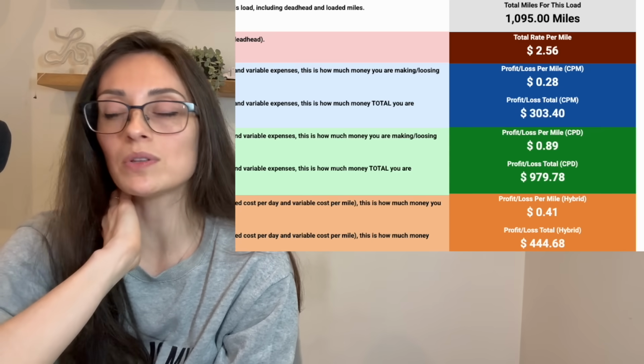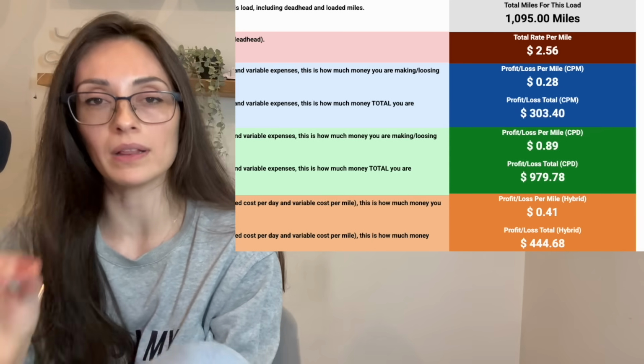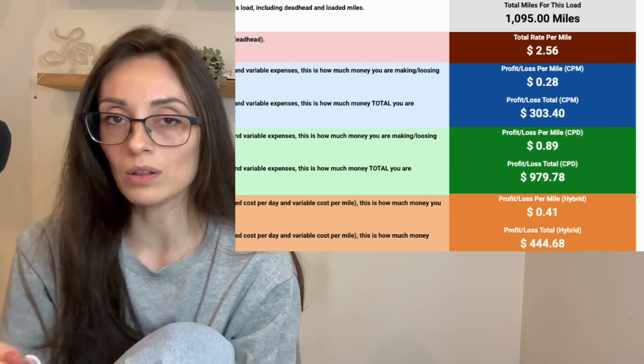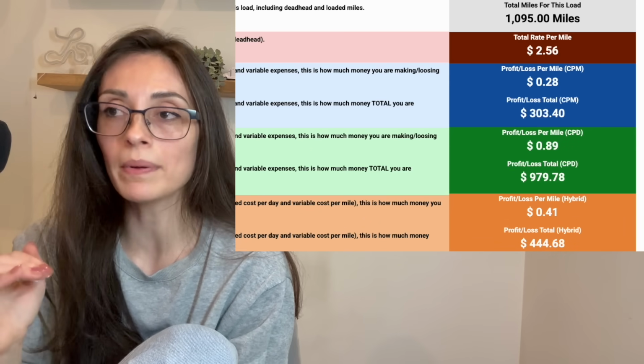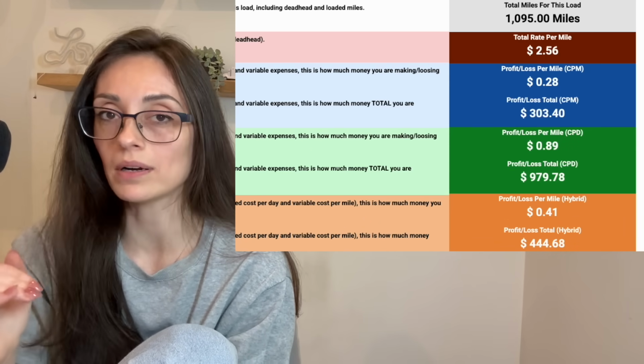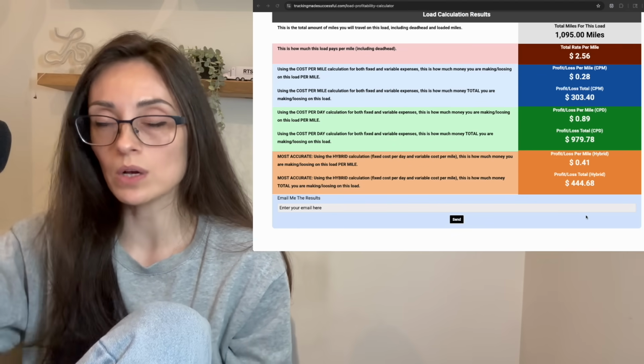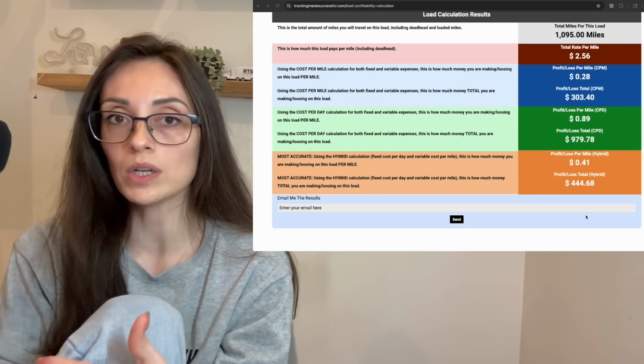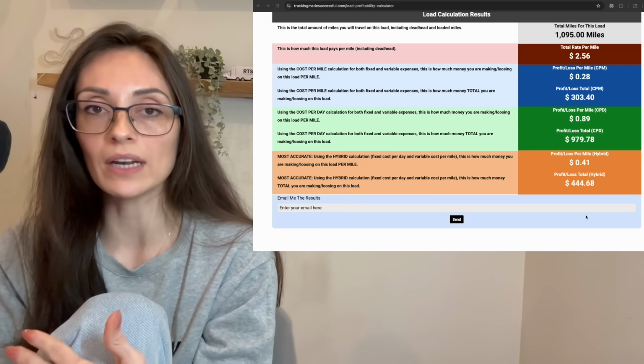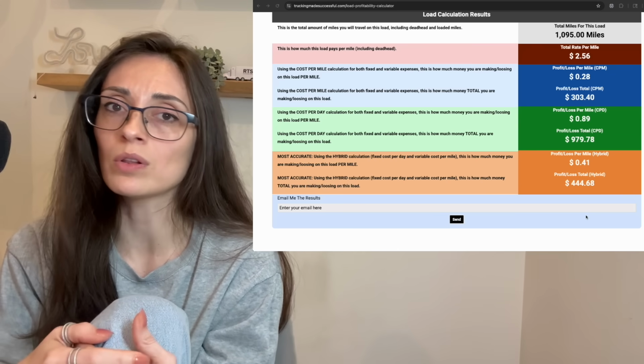And this gives you the most accurate profitability calculation on a load per mile at the top and total at the bottom. And again, at the end, you can email yourself the results and the calculations if you want to reference them at a later date or to compare several loads at once.